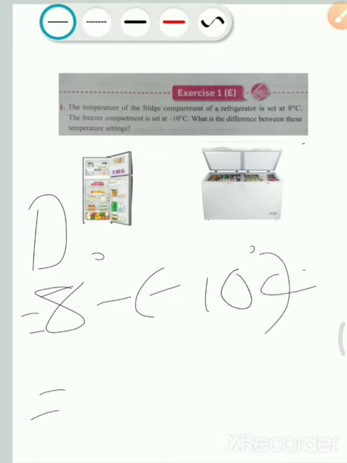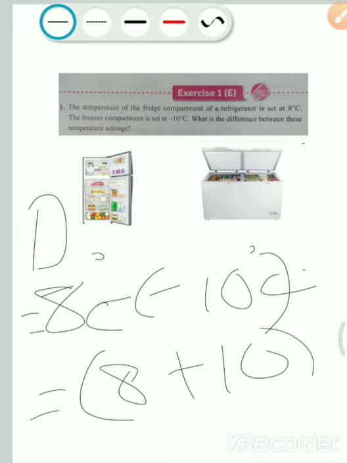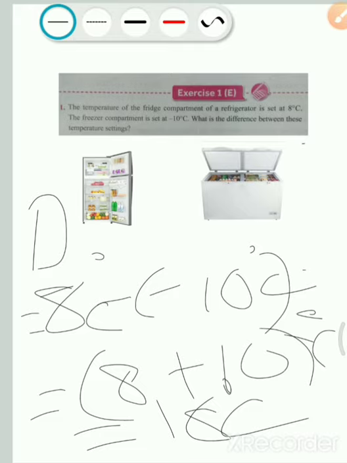Okay, minus minus will become plus. What will come? 8 plus 10 is 18 degrees Celsius. The difference between these two is 18 degrees Celsius. Clear?